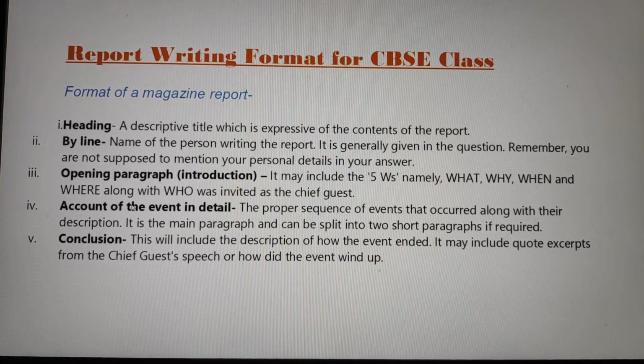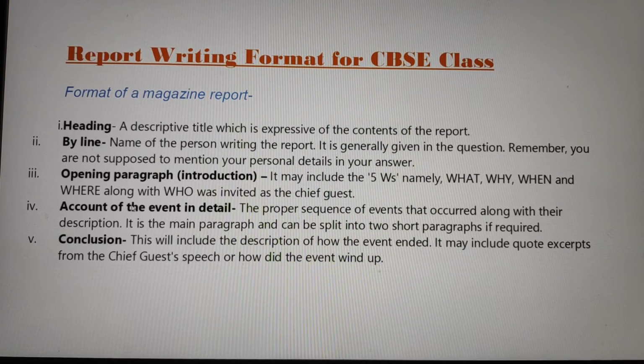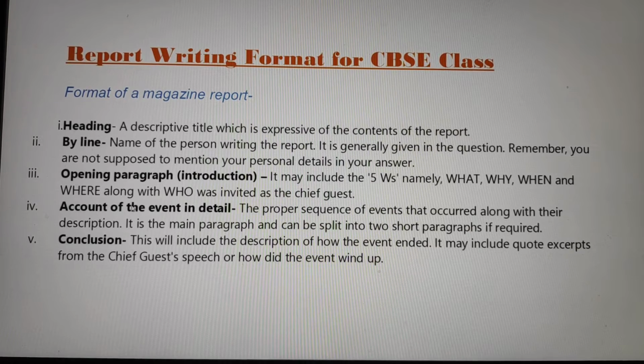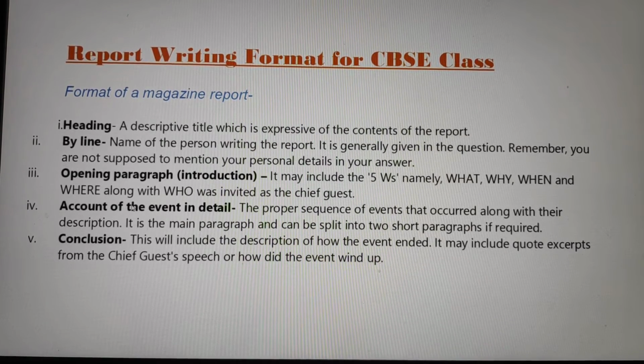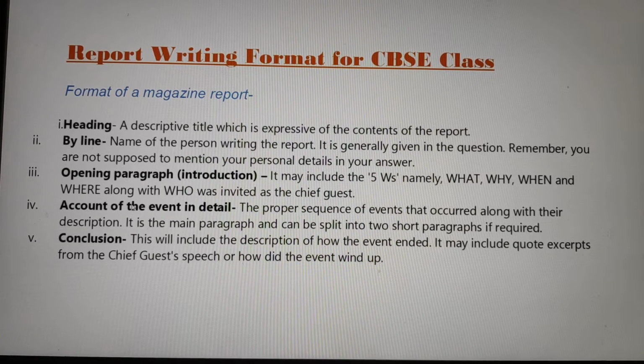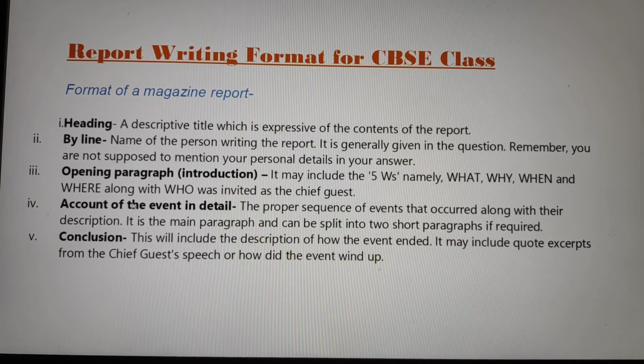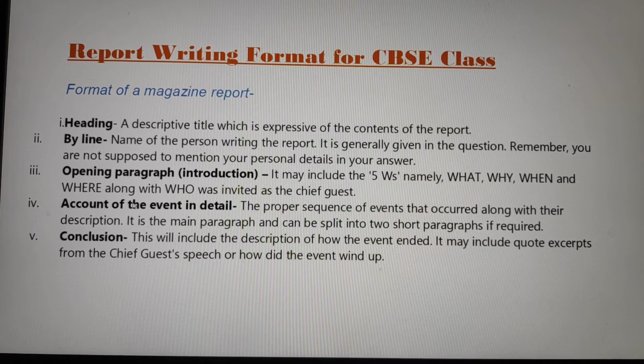Remember, you are not supposed to mention your personal details in your answer. Number three, opening paragraph, that is called introduction. It may include the 5 W's, namely what, why, when, and where, along with who was invited as the chief guest. Number 4, account of the event in detail, the proper sequence of events that occurred along with their description.